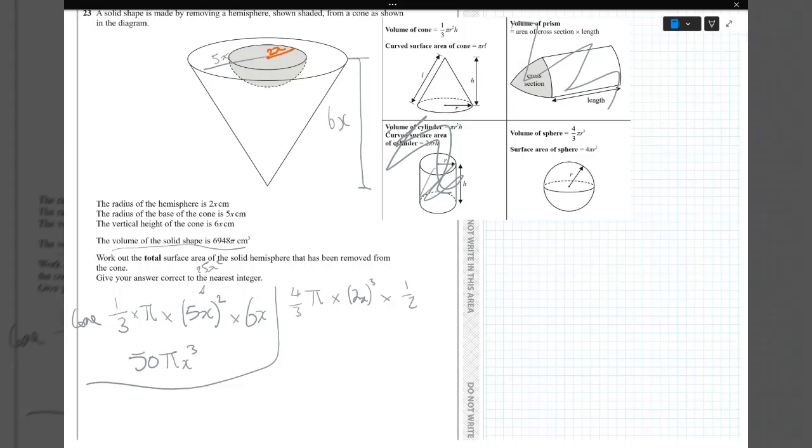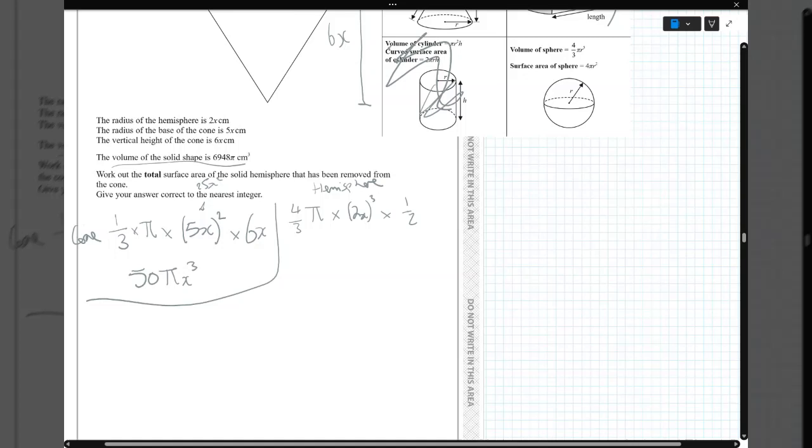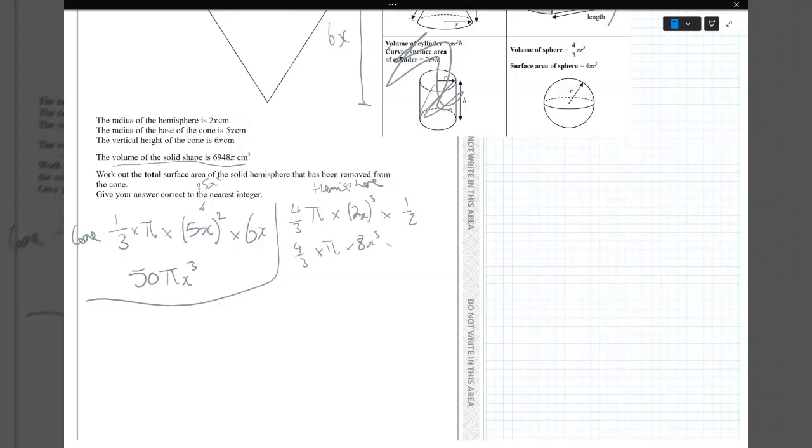Let me just write here, hemisphere. 4/3 times pi times 8 cubed times a half. I'm now going to just do those numbers in the calculator. 4/3 times a half times 8 gives 16/3 pi x cubed. Marvellous.